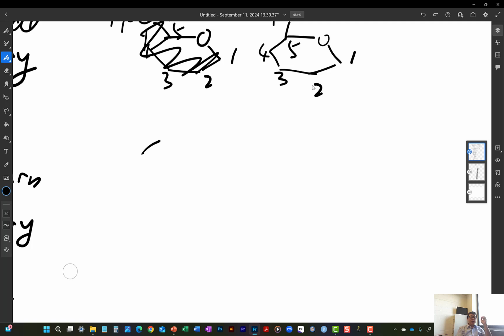In the real world, glucose is actually not flat. It's something like this, look into my slides. My drawing is bad.